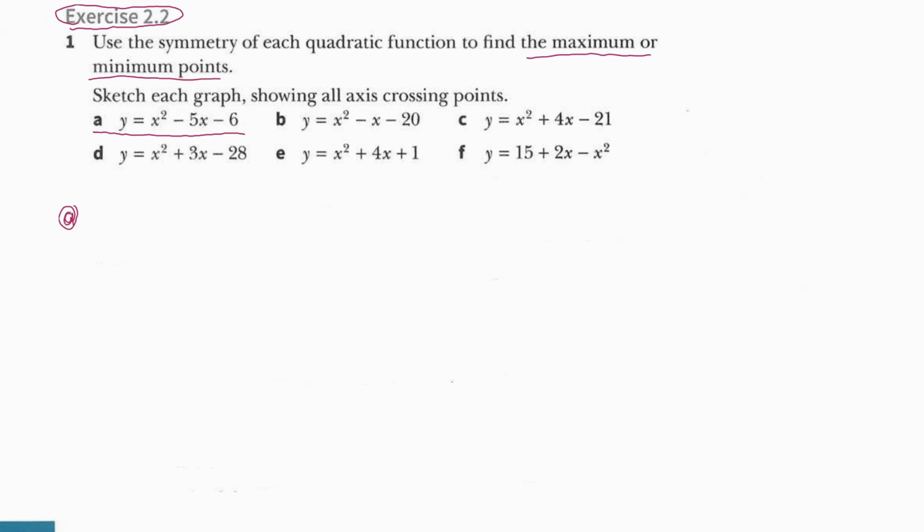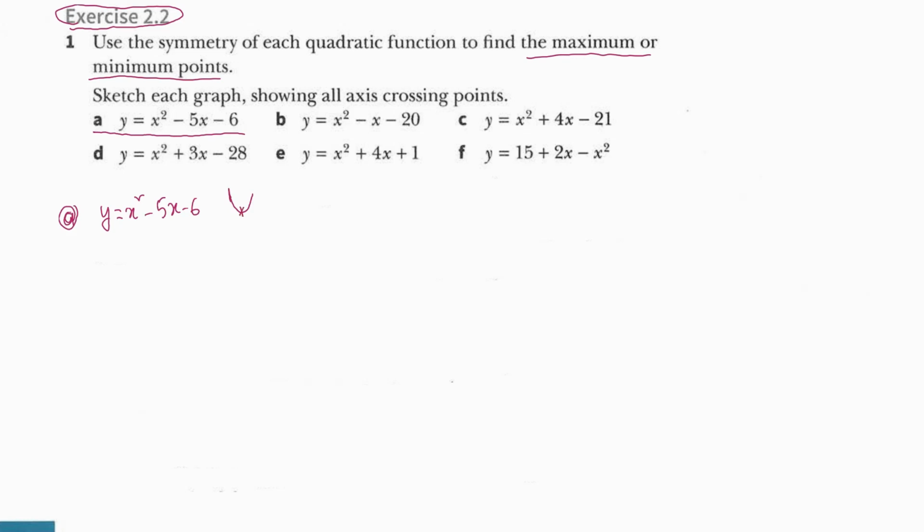A: use the symmetry of each quadratic equation. The best way to find the symmetry is to consider y equals 0, and then we can find the two other points of the quadratic. For a quadratic equation with an x squared term, like y equals x squared minus 5x minus 6, the shape is like this.